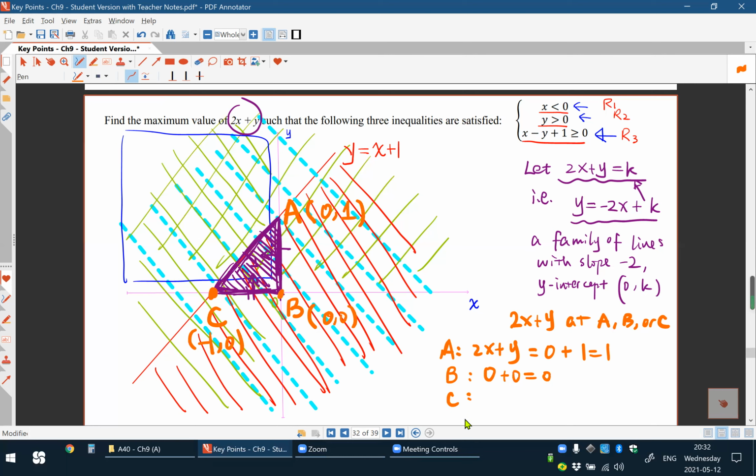At point C, we have -2 plus 0, which is -2, right? So which one is largest? Apparently at A, we have a maximum of 1 for 2x plus y, right? So basically, this is how we find the maximum value given a set of constraints.